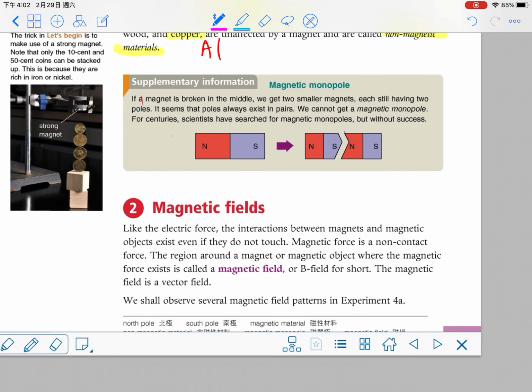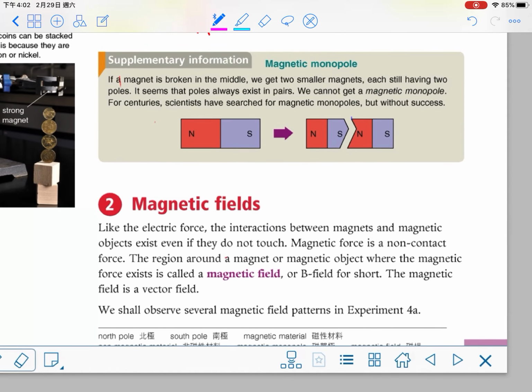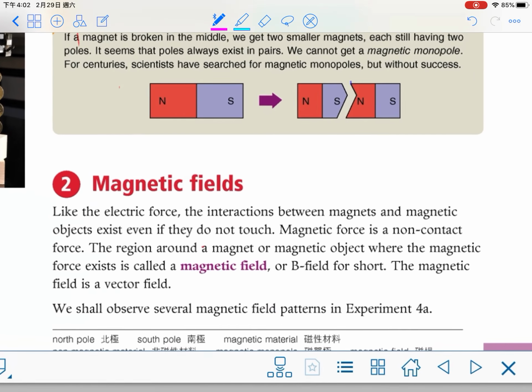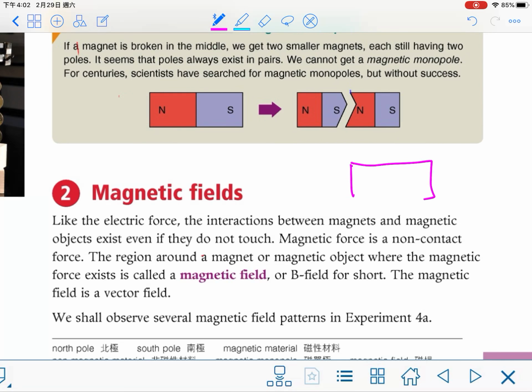Now we go to the second point, magnetic field. Similar to the electric field, if I put a magnet here, we will imagine that in the region around the magnet, a magnetic field exists.